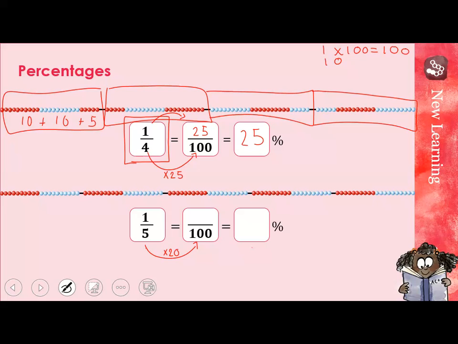These are things that we should have remembered in our head by now, but if we don't, always good to write them down. 10 times 10 is 100. 2 times 50 is 100. 4 times 25 is 100. 5 times 20 is 100.